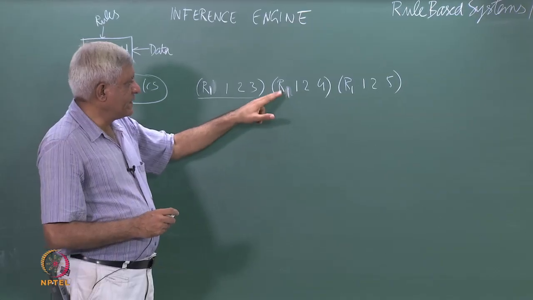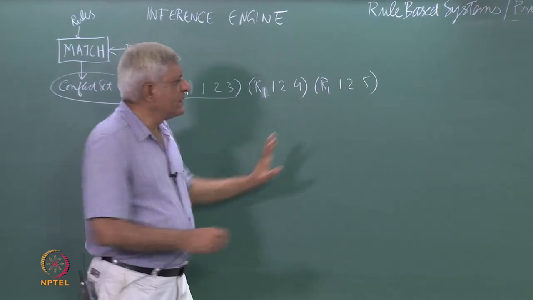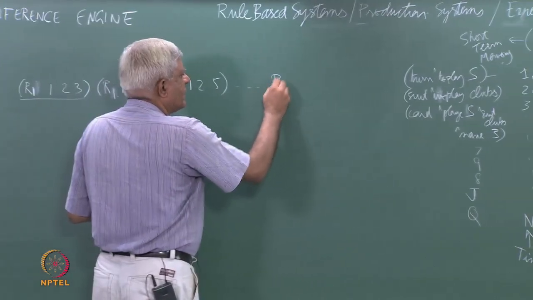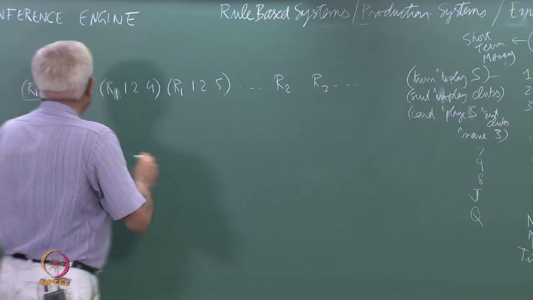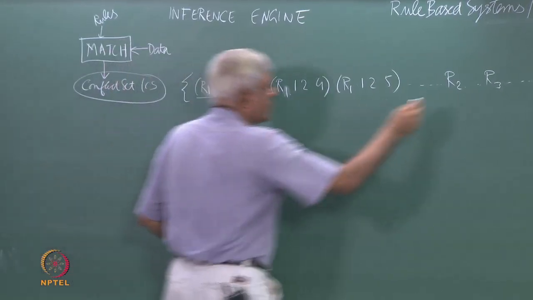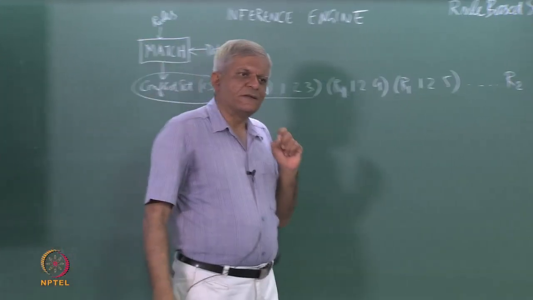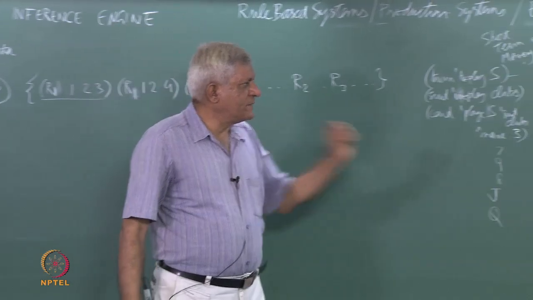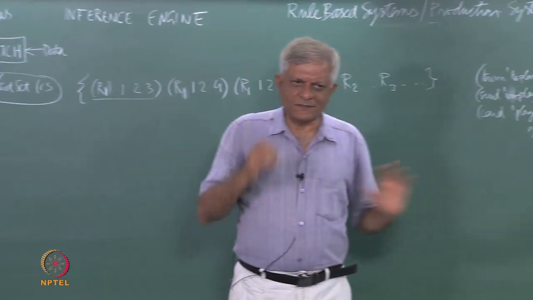The same rule is matching 1 and 2 and 4. This one is matching 1 and 2 and 5, and likewise for rule 2 and rule 3 and whatever rules we have. This set is called the conflict set, and the objective of the first phase of the algorithm, which is the match phase, is to compute this conflict set.